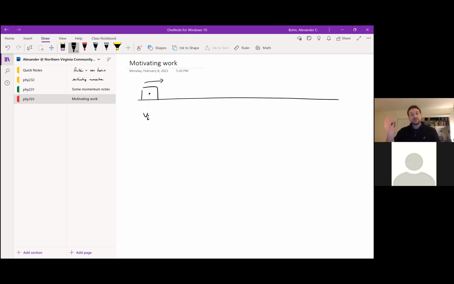And as it slides, friction acts and slows it down until eventually, sometime later, it has stopped. Now, that takes some distance, according to how strong friction is.